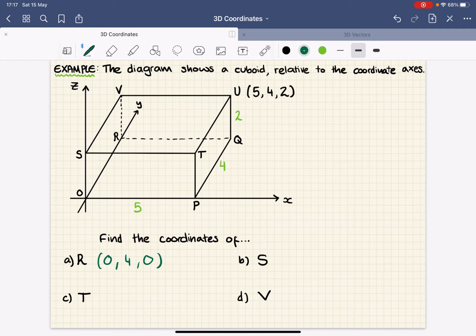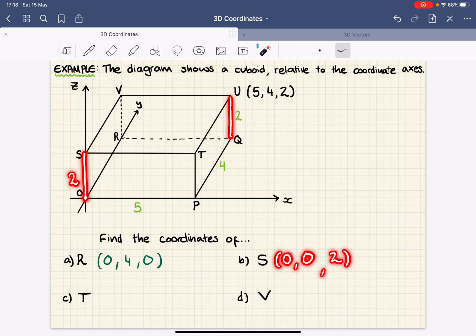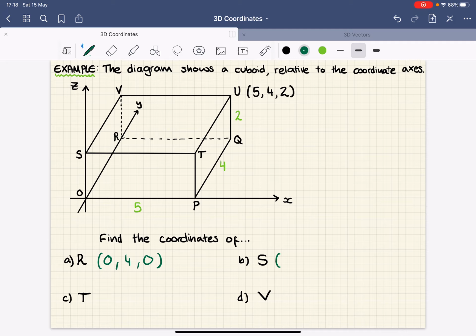Then S, starting at my origin, do I go across? No, I don't. Do I go into the background? No, I don't. Do I go up? Yes, I do. And that height is going to be the same as this height over here. So that's a height of 2. So my coordinates are going to be 0, 0, 2.